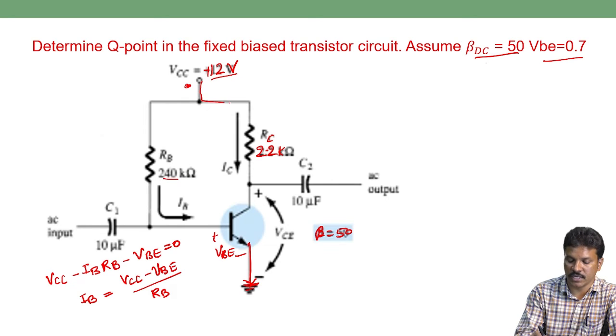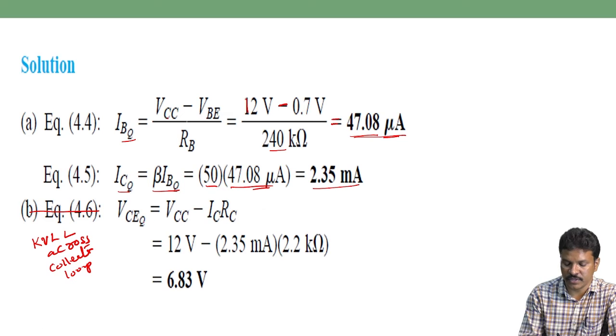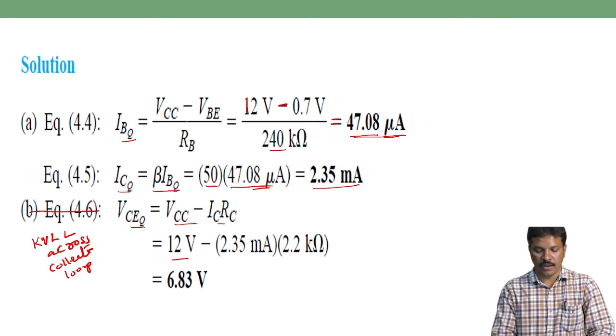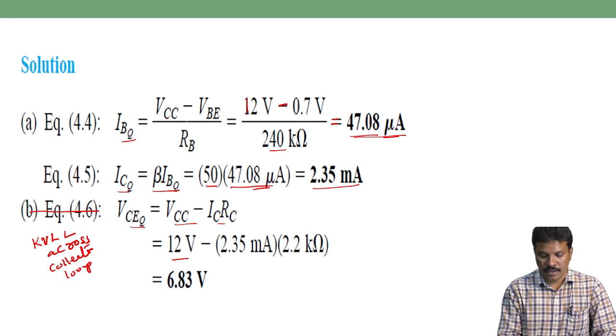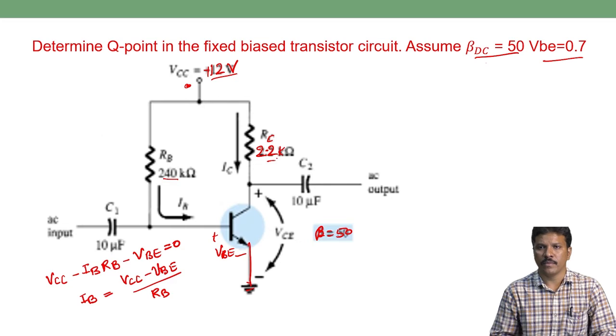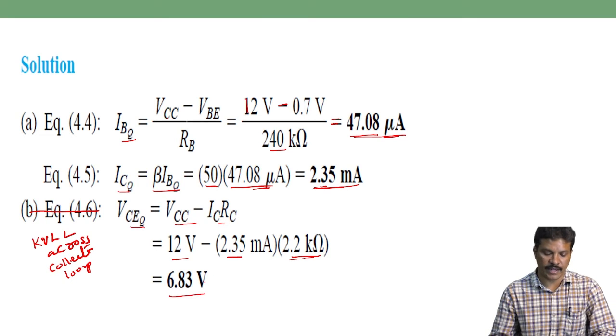It is a loop: VCC, ICRC, VCE is equal to 0, so that we can get VCQ equal to VCC minus ICRC. VCC is 12 volts, fixed, and IC is 2.35, which we derived from this equation, and RC is 2.2 kilo ohm. So when we substitute 12 minus 2.35 into 2.2 kilo ohm, we'll get 6.83.